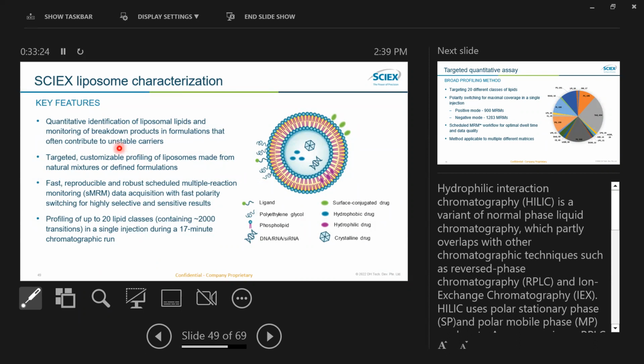I mentioned this before, but it's one thing to characterize some of these impurities; once you have that characterization information, you can start to quantify them. This would be important for monitoring breakdown products and degradation products, either degradation or lipidation of the mRNA or breakdown of the actual lipid.